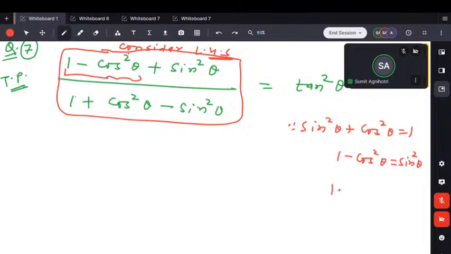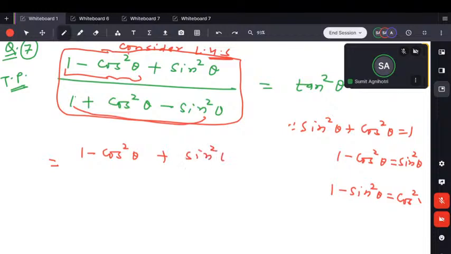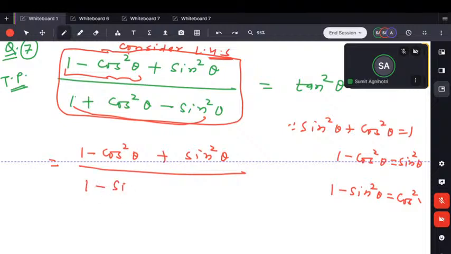From here only we get 1 minus sine square theta, that is actually cos square theta. And in the place of 1 minus sine square, you can rather arrange it first: 1 minus cos square theta plus sine square theta. You can arrange your denominator: 1 minus sine square theta plus cos square theta.